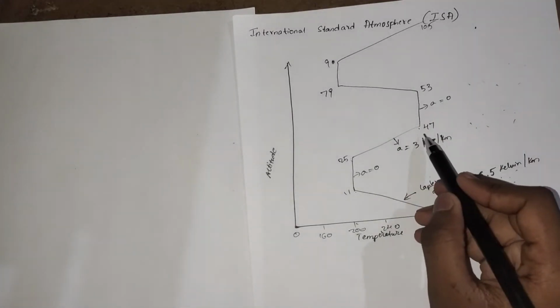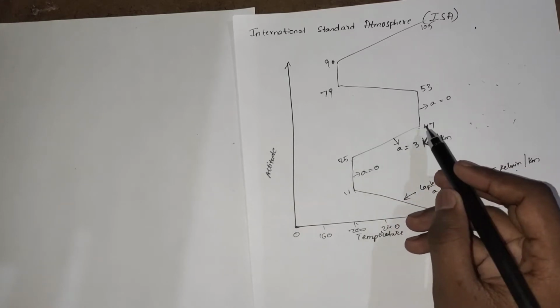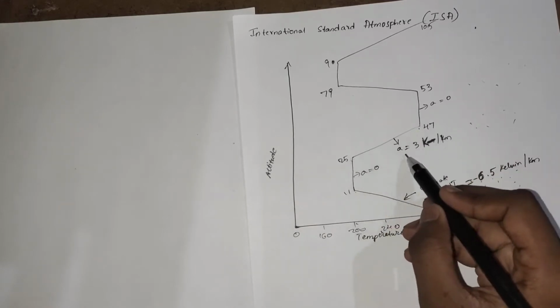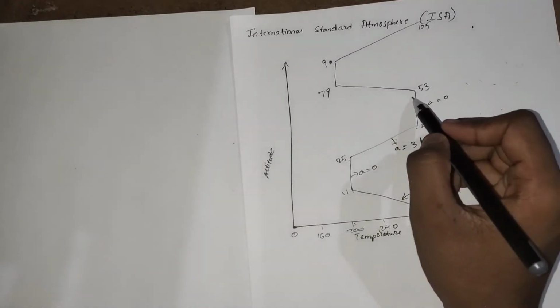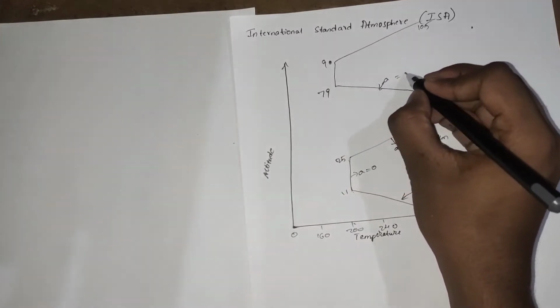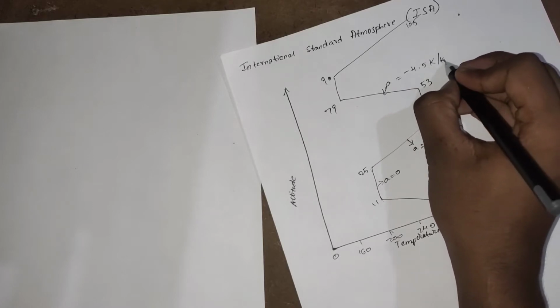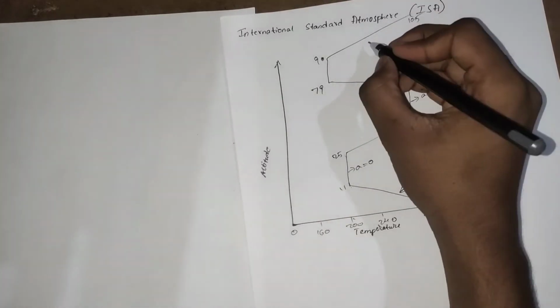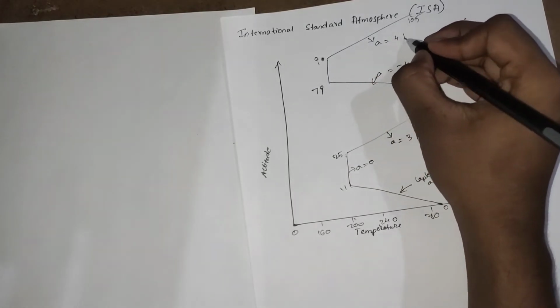So from 25 to 47 kilometers, the lapse rate indicates that for every kilometer rise in altitude, there will be an increase of 3 Kelvin in temperature. And from 53 to 79 kilometers, the lapse rate is A equal to minus 4.5 Kelvin per kilometer. From 90 to 105, the lapse rate is plus 4 Kelvin per kilometer.